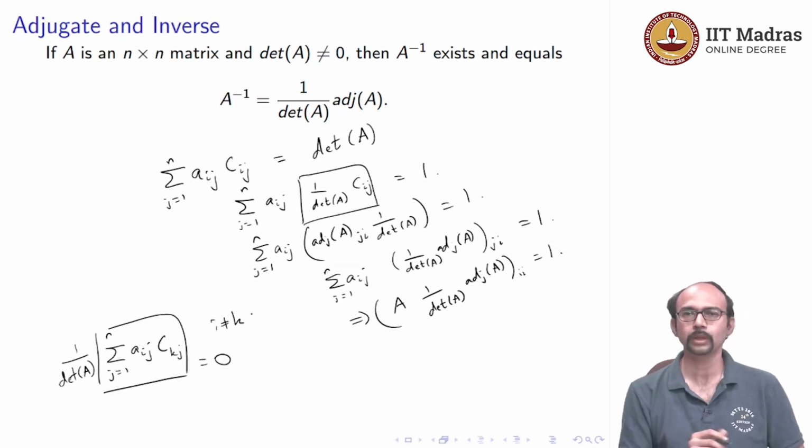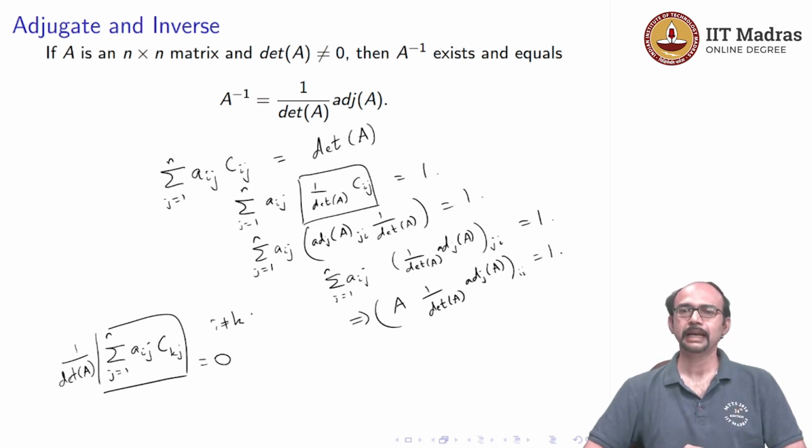Well, that is because we can think of this as the determinant of a matrix in which the ith row is the same as the ith row of A, and the kth row is also the same as the ith row. So, 2 rows are the same in this.